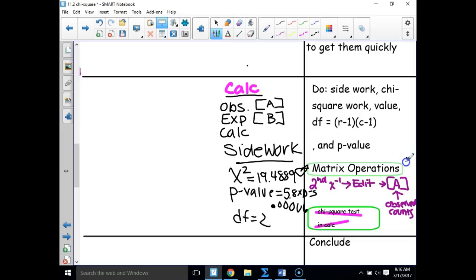I did my matrix observation. I went into my calculator, and now I have my side work. We still haven't finished our conditions yet. Did anyone get anything different than that in your calculator?